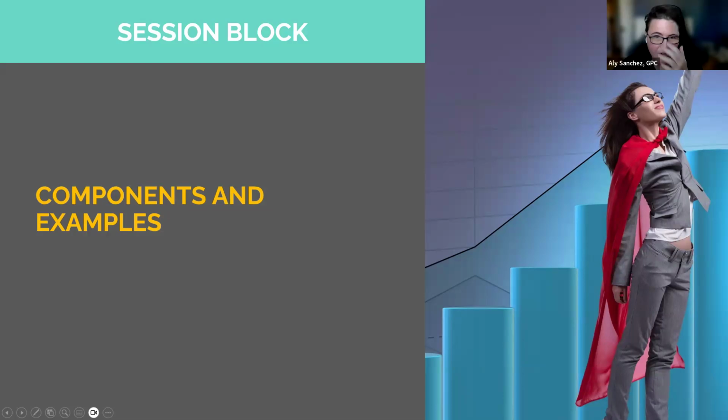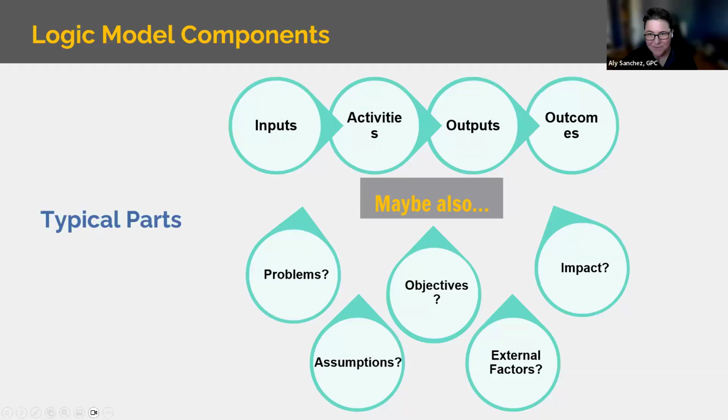Thank you, Laurel. In this section, we're going to go through some of the elements in a logic model. And apologies for the lags we're experiencing today. So at the top, we can see these are logic model elements that are pretty standard: inputs, activities, outputs, and outcomes.